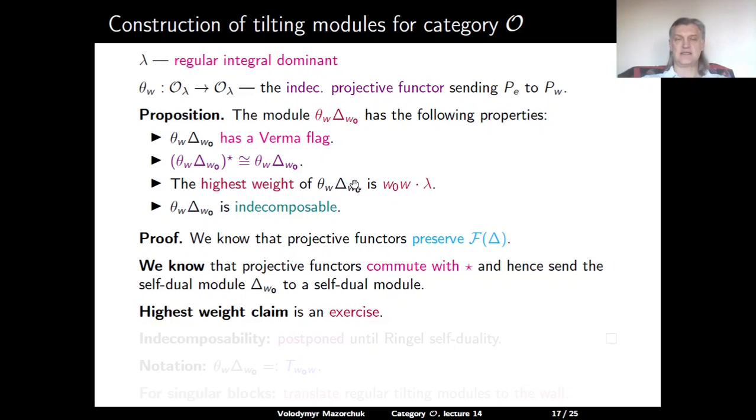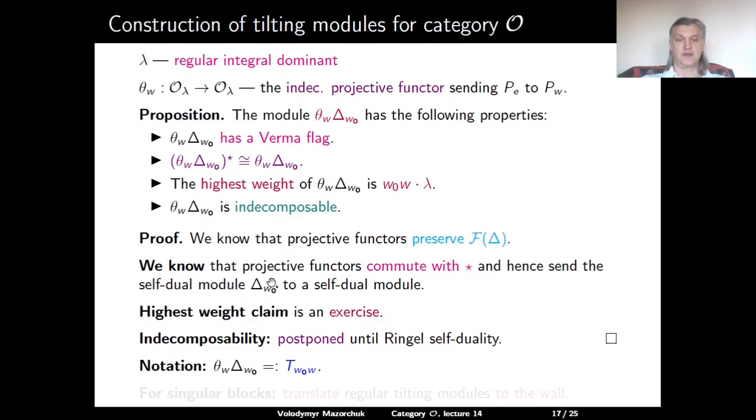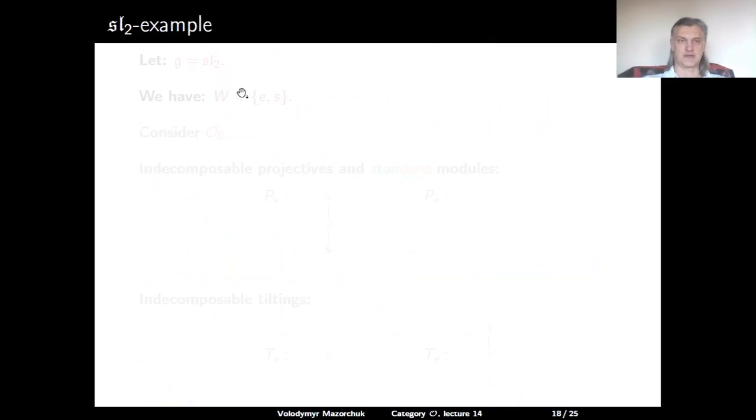To track the highest weight, I leave as an exercise, and the claim about indecomposability will be proved later when we talk about Ringel self-duality of category O. The module θ_w applied to Δ(w0) is usually denoted by T_{w0 w}. For singular blocks, we can take these modules which we construct in regular blocks and translate to the walls. In this way, we get tilting modules for singular blocks.